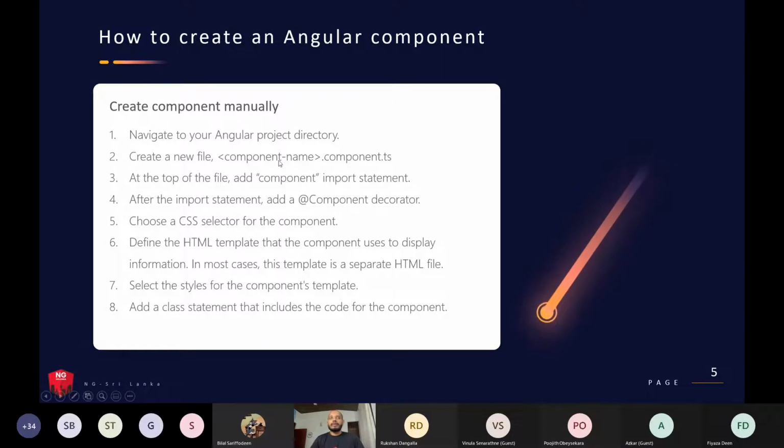It's a good practice to follow those guidelines. Then you have to add the component import and the component decorator, then choose the CSS selector, the HTML template and the style. So these are the things that I'm going to do.